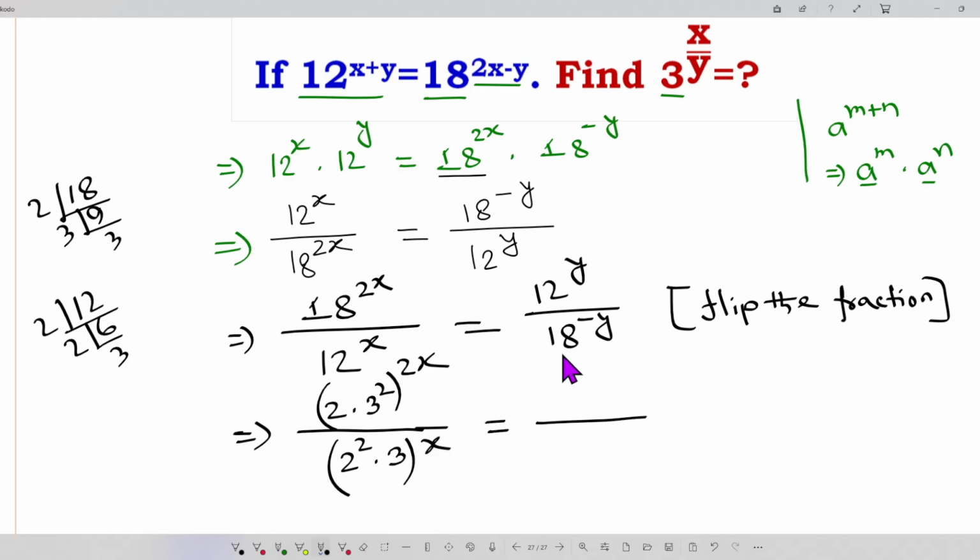The same thing also here: 12 we can write as 2 squared times 3 to the power y, divided by this 18, 2 times 3 squared to the power minus y.